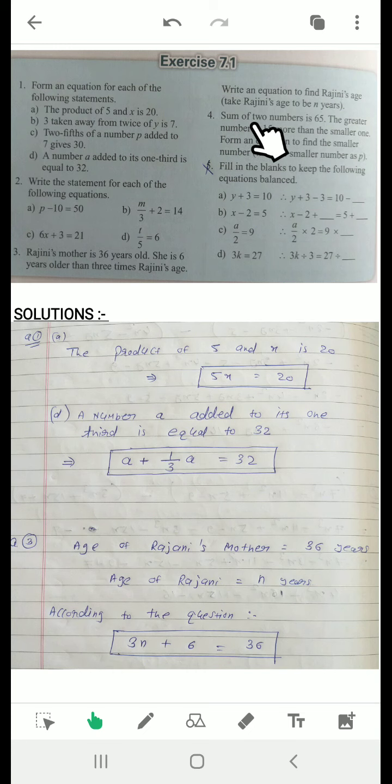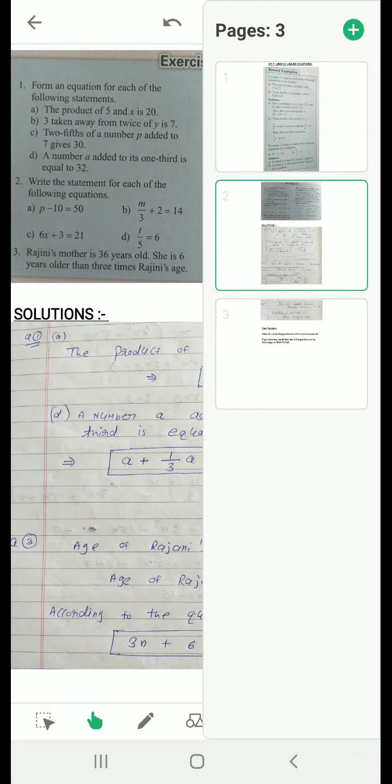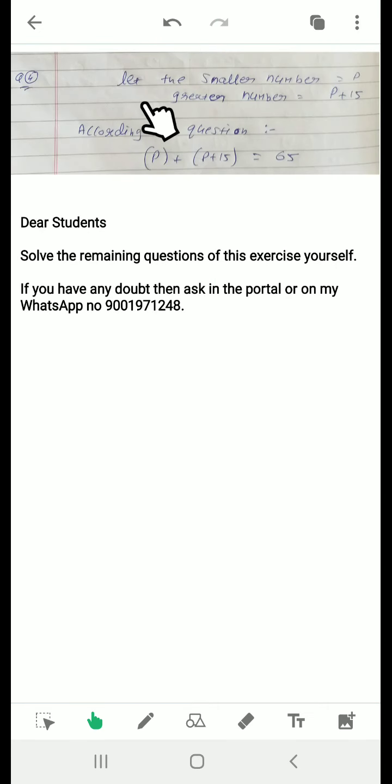Okay. Now the sum of two numbers is 65. The greater number is 15 more than the smaller one. That is very simple. Let the smaller number be p, then the greater number is p plus 15, because the greater number is 15 more than the smaller one.